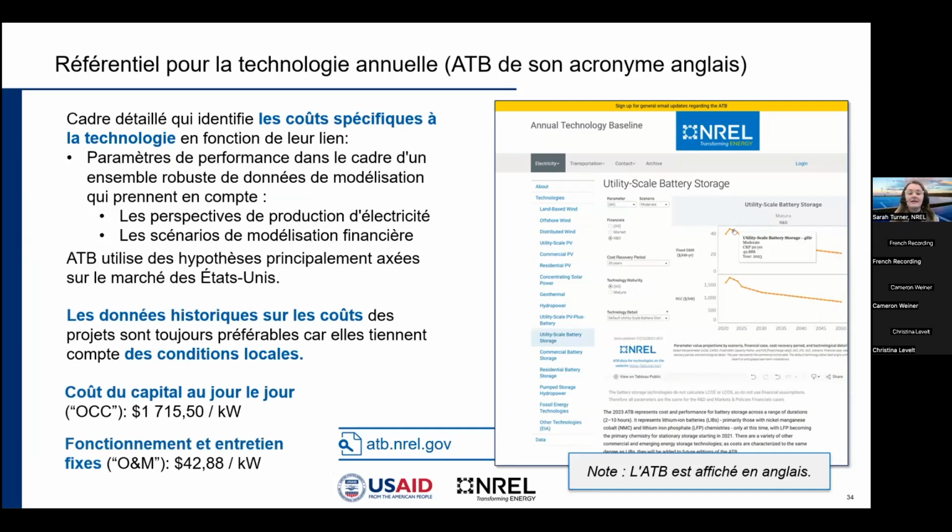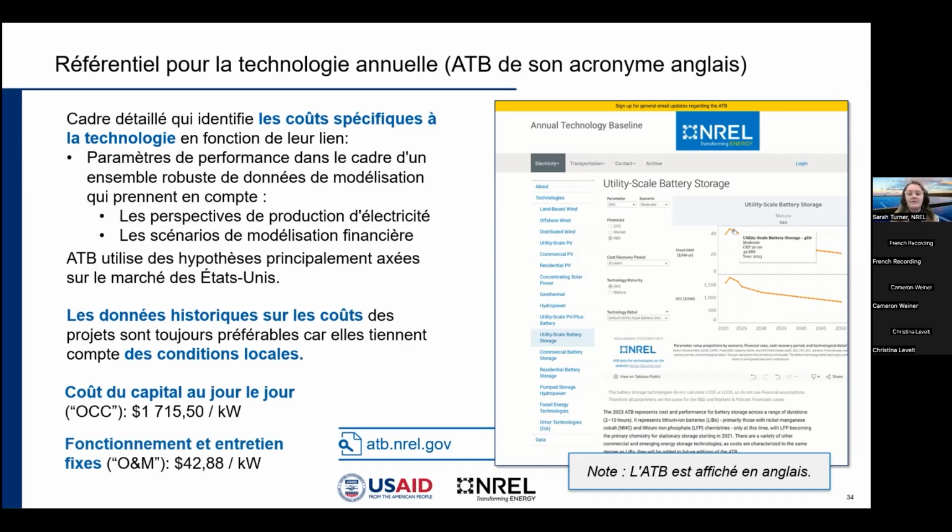The ATB is a populated framework that identifies technology-specific costs as they relate to performance parameters under a robust set of modeling inputs that consider potential electricity generation futures as well as financial modeling scenarios.